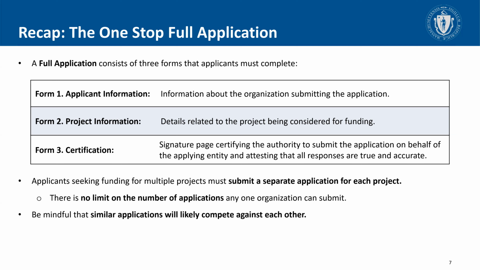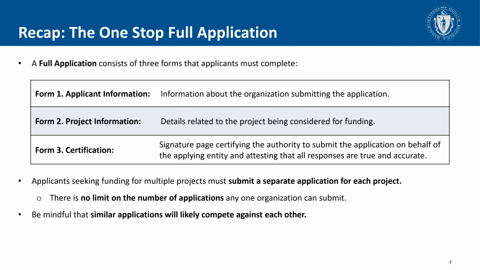Next up, a quick recap here of the one-stop full application, which is actually the vehicle for the applicants to request grant funds. All applicants are required to complete 3 forms in order to submit an application. The first form, Form 1, will ask for the applicant information about the organization that is submitting the request.